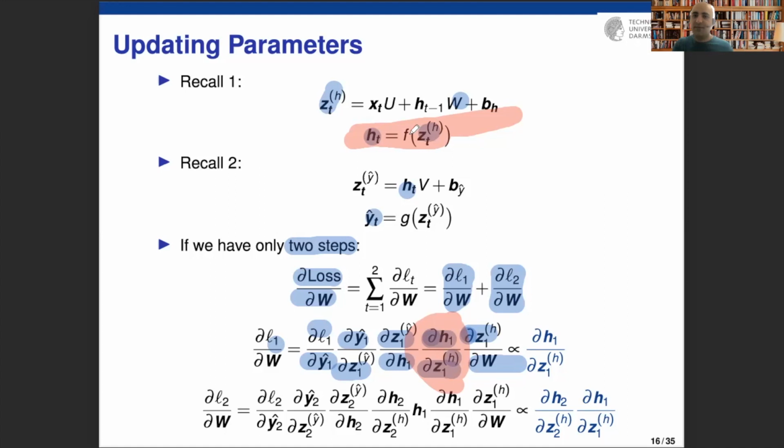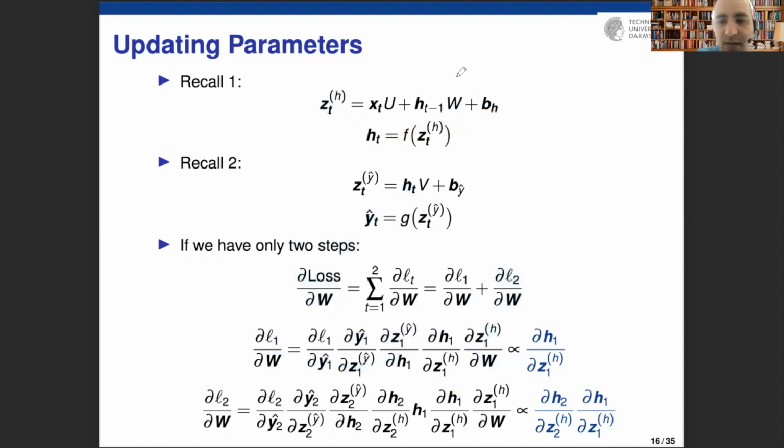For the first step, it's easy, but now we go for the second step. For the second step, we need to calculate the loss L2. So let me clear all the hidings.